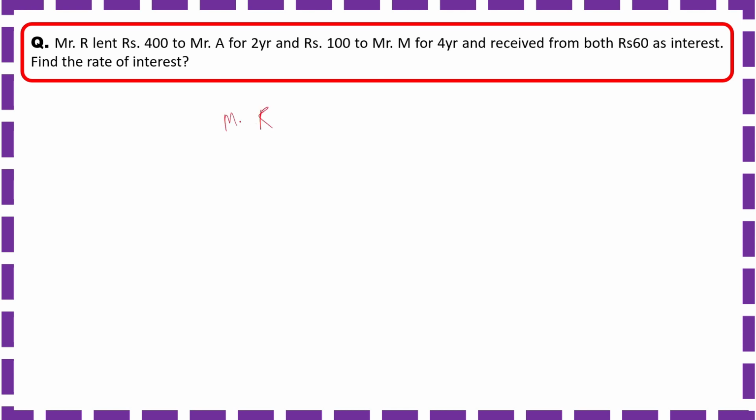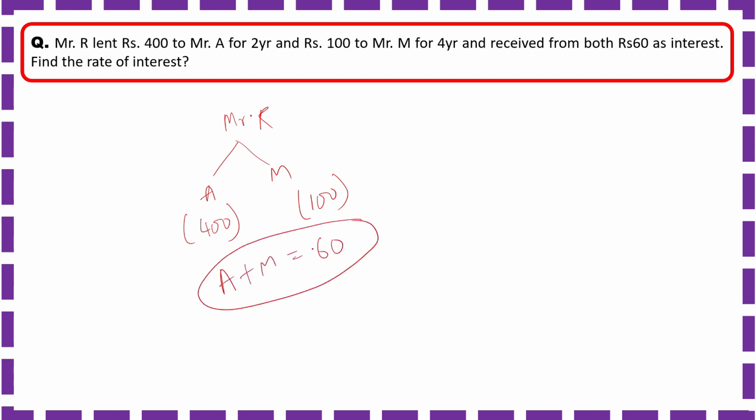So Mr. R lent 400 for Mr. A and for Mr. M. Okay, so for A he lent 400 rupees, and for M he lent 100 rupees. But he received 60 rupees as interest from both of them. So A and M together gave 60 rupees as interest. So simple interest of A and simple interest of M is equal to 60 rupees, right?